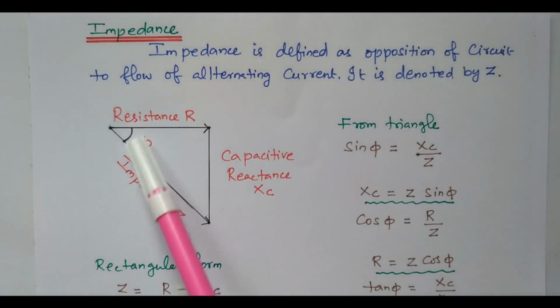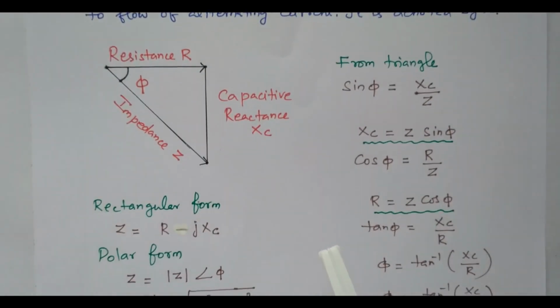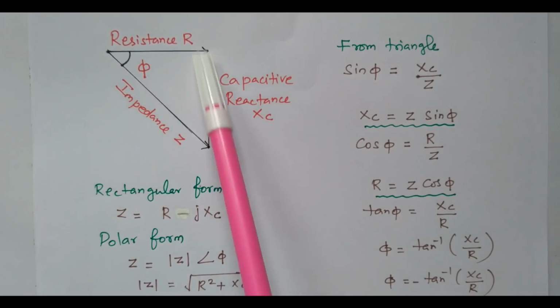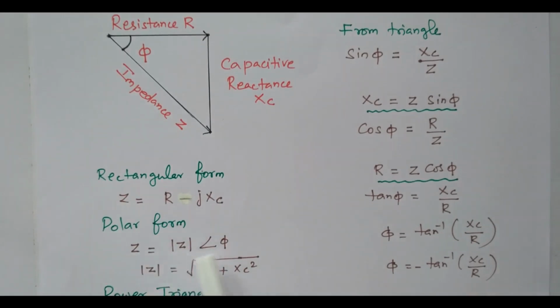This is the phase angle pi between R and Z. So based on that we can write the impedance Z equal to R minus jXc. This minus represents downwards, lagging. Voltage is lagging, so that can be written as modulus of Z at angle minus pi.